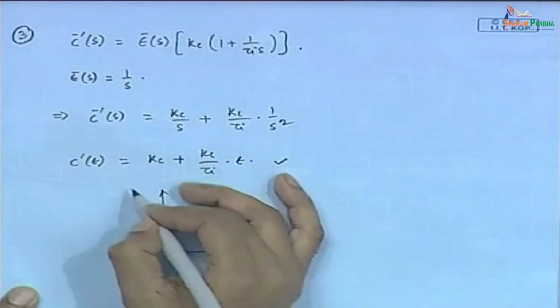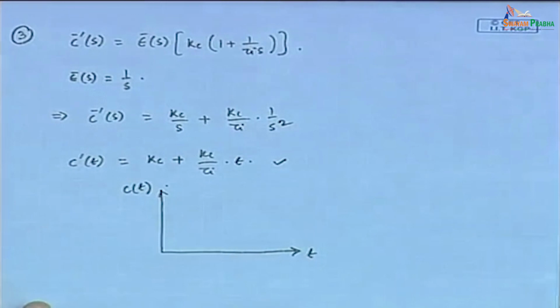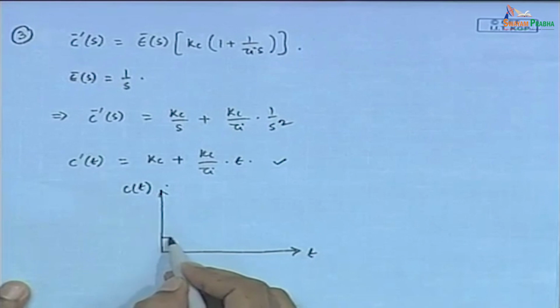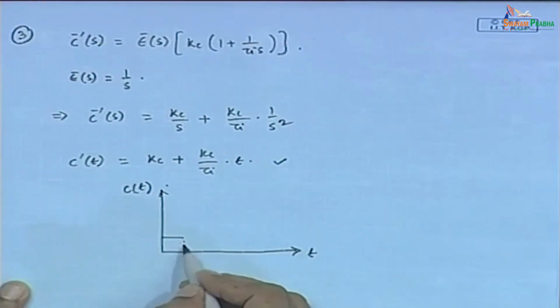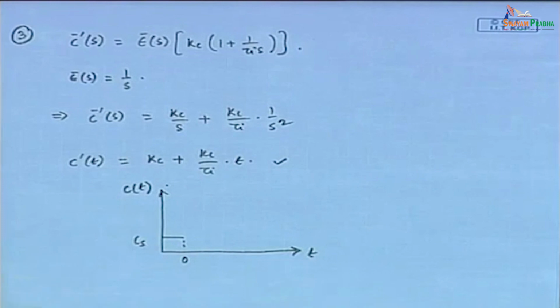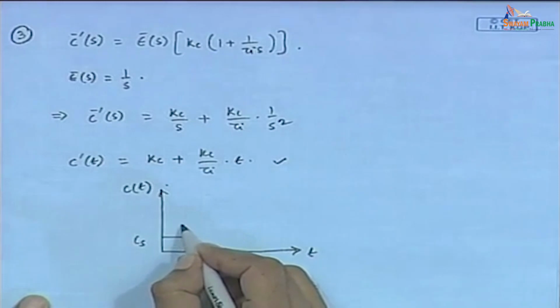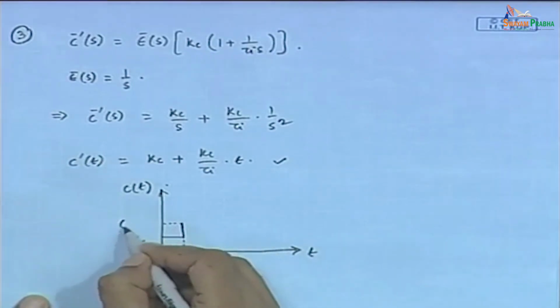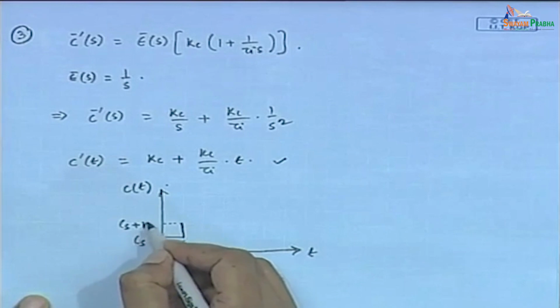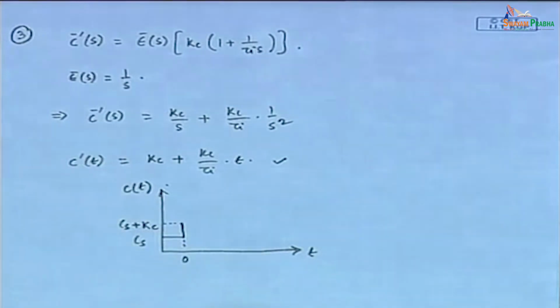This is time t, this is C t. Now, at time t equals 0, the controller has the value of Cs, and we are introducing a unit step change at time t equals 0. Accordingly, the controller output becomes Cs plus Kc. Fine.